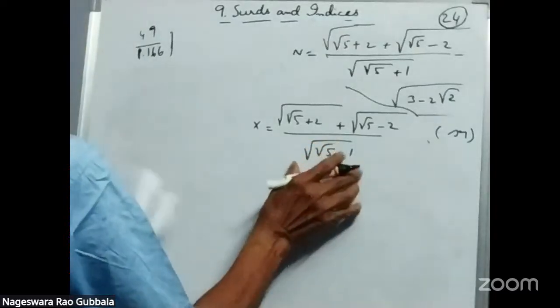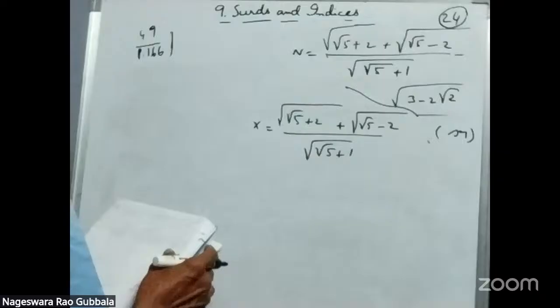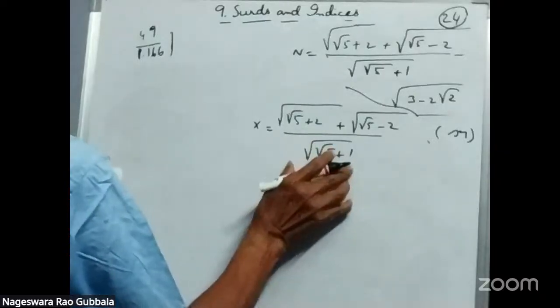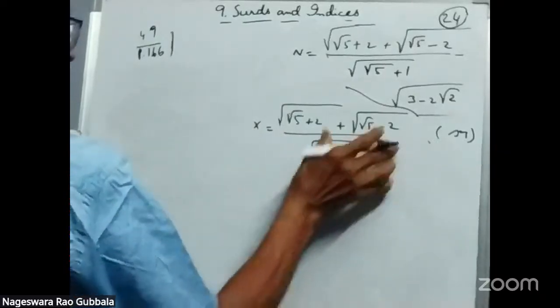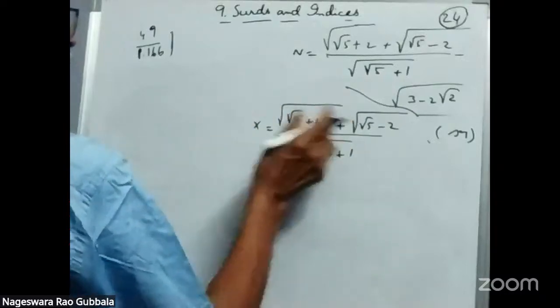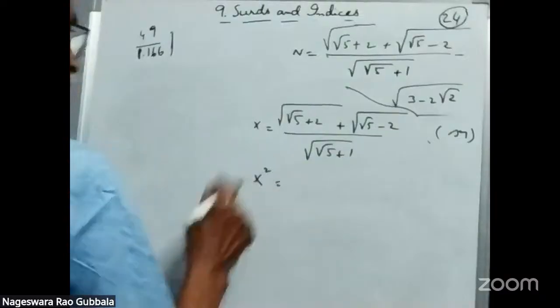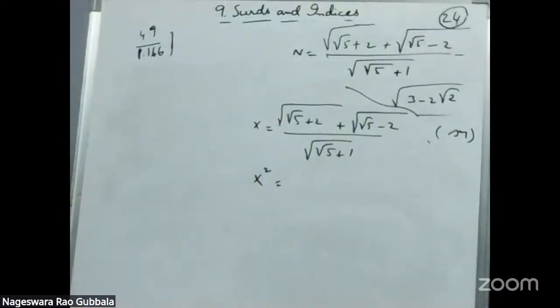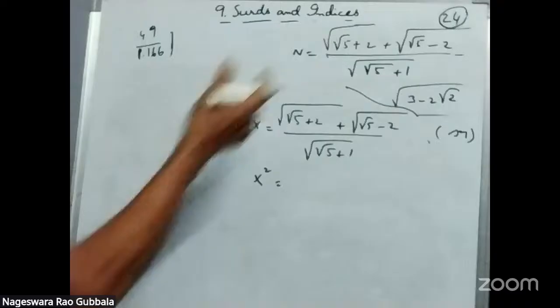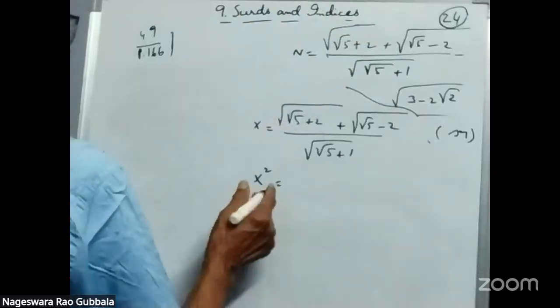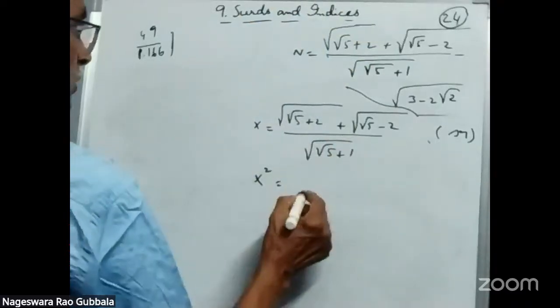We are finding out this one. So to find out this one, let us take x square first, squaring numerator and denominator. Then only it gets simplified. Of course, finally we have to find out x, to substitute here. So let us take x square, squaring both sides. What happens?